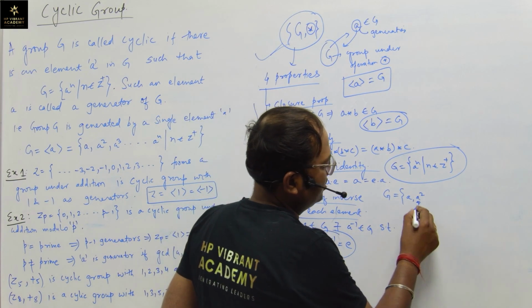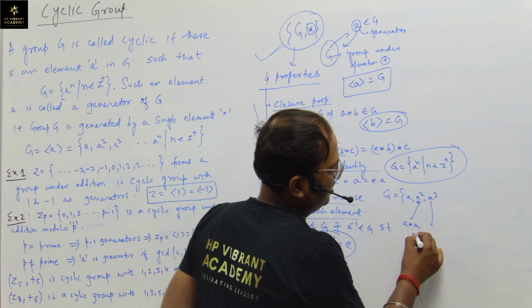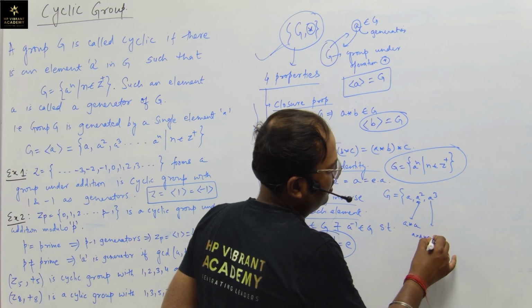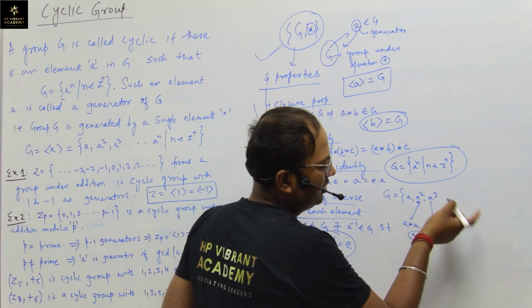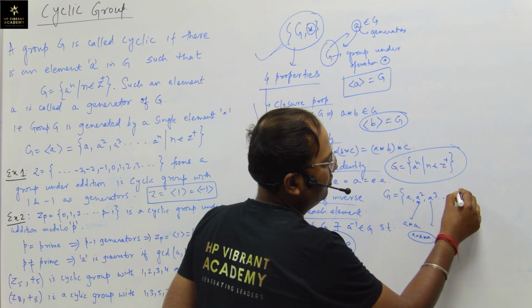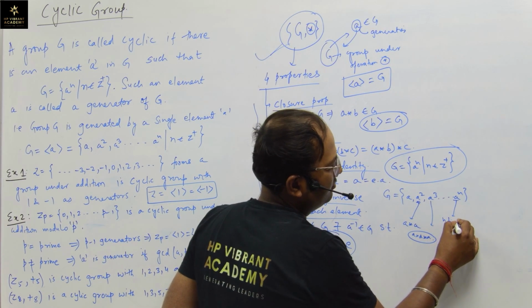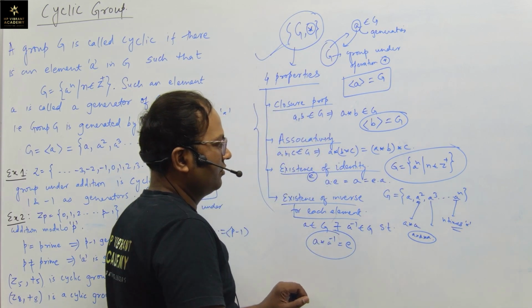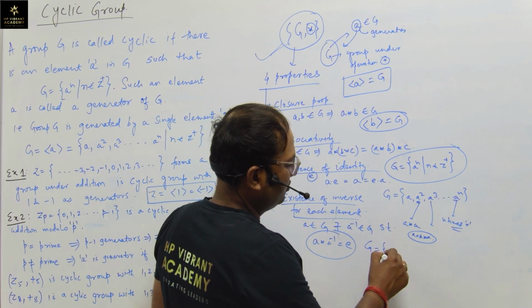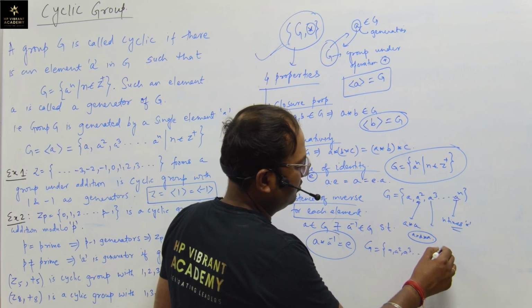Then we have a cube, which is a star a star a, operating a three times. Like this, a to the power n means n times the star operation. So G is equal to a, a square, a cube, up to a to the power n.